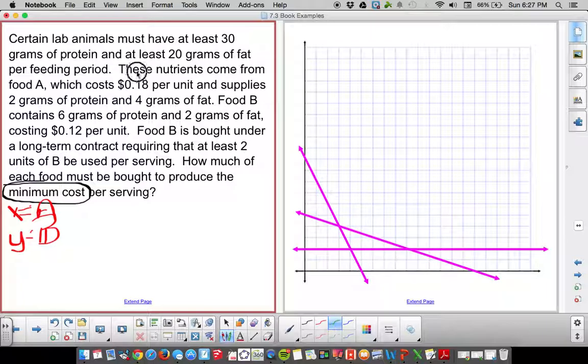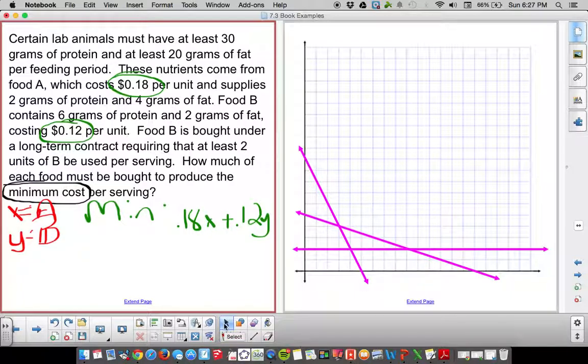I know A costs 18 cents per unit, and B costs 12 cents per unit. So I know my minimization objective here. I want to minimize the objective quantity of 0.18x plus 0.12y.